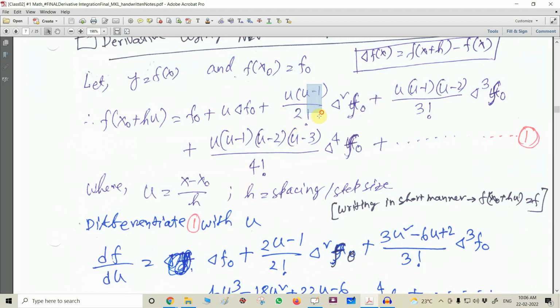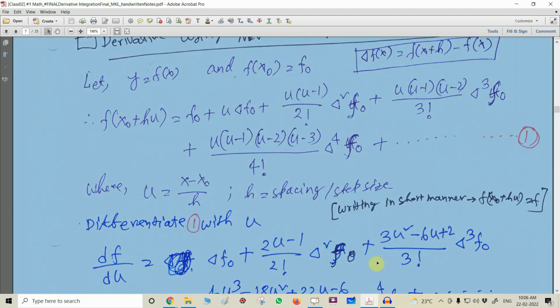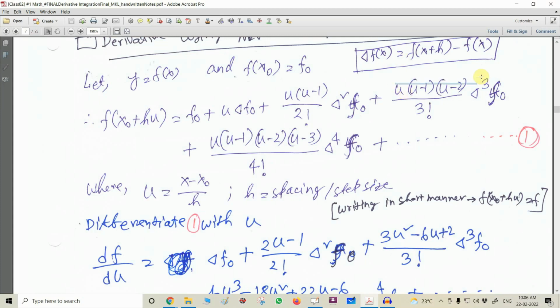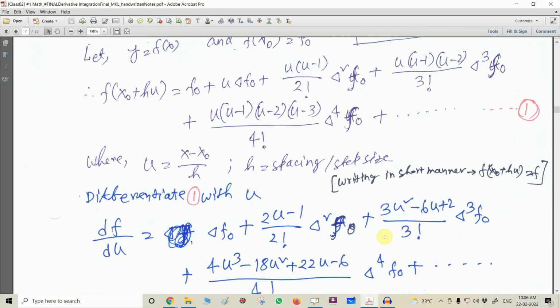If you take the derivative of this term, then you will have this value, and so on. So write down equation number 1 and equation number 2. The higher order terms are neglected, and these generally include some error in the result.